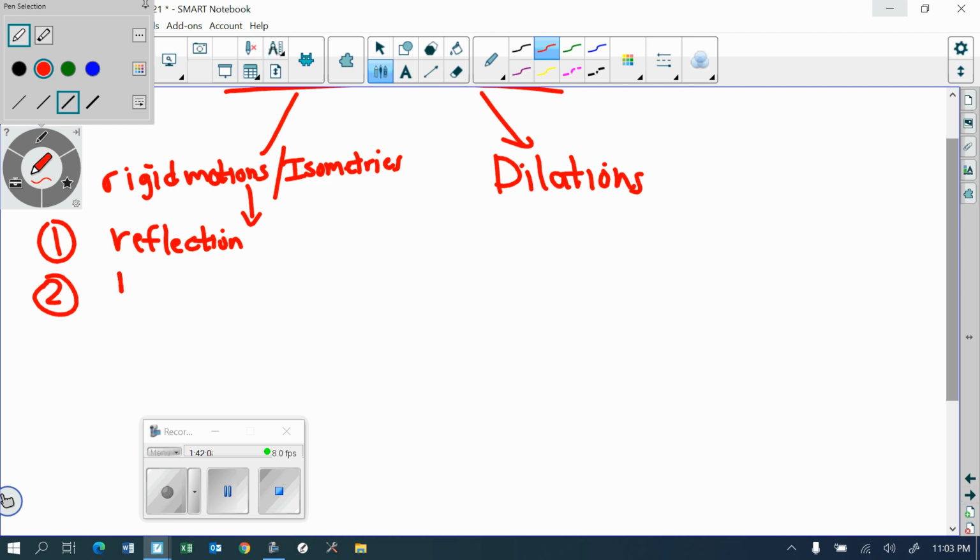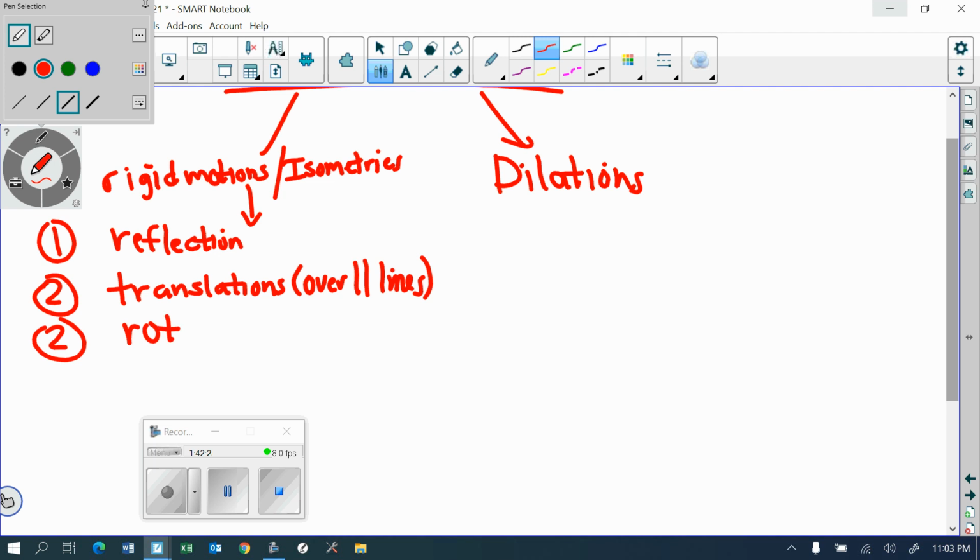If it's over parallel lines, it's called a translation. Okay, over parallel lines. I also have 2 reflections over intersecting lines, and that's called a rotation.